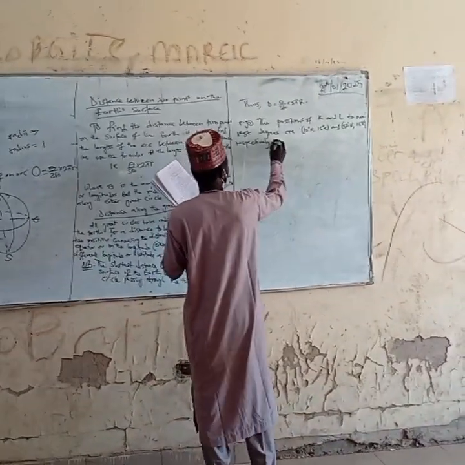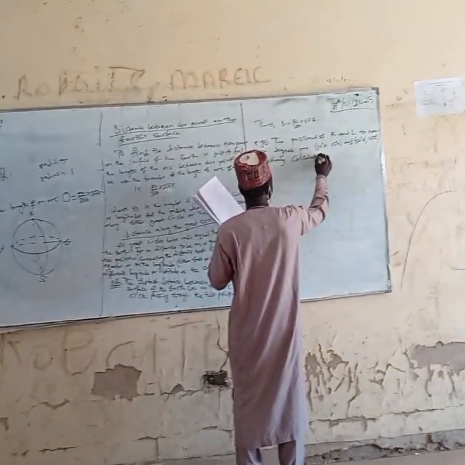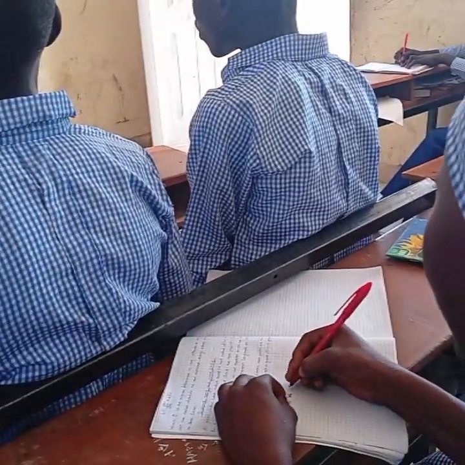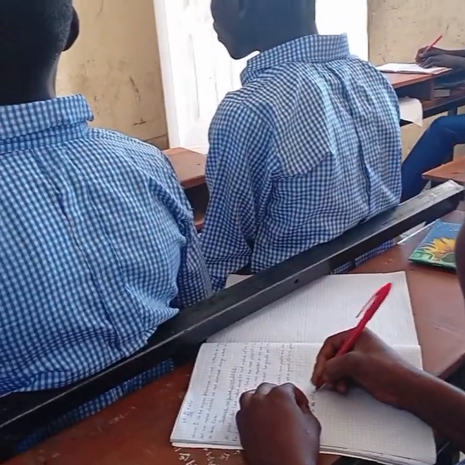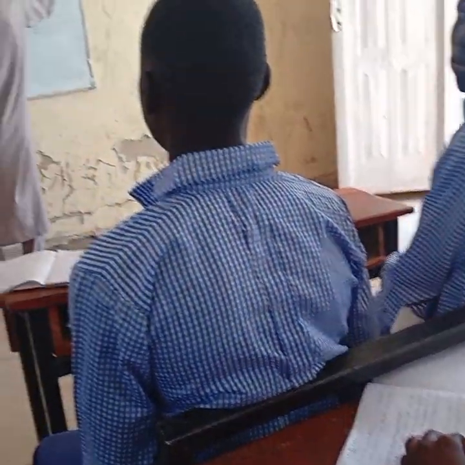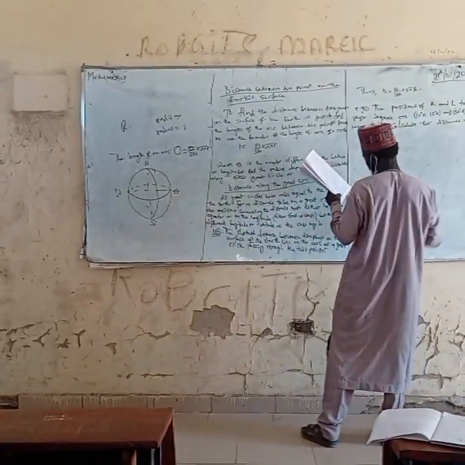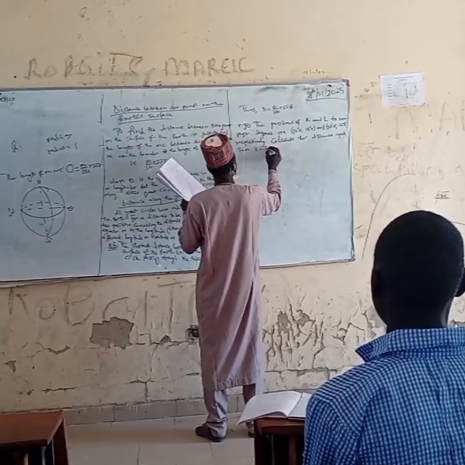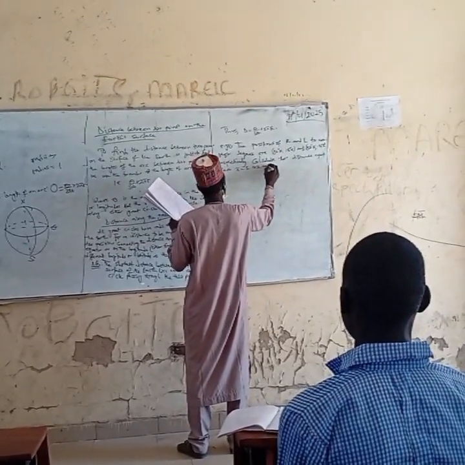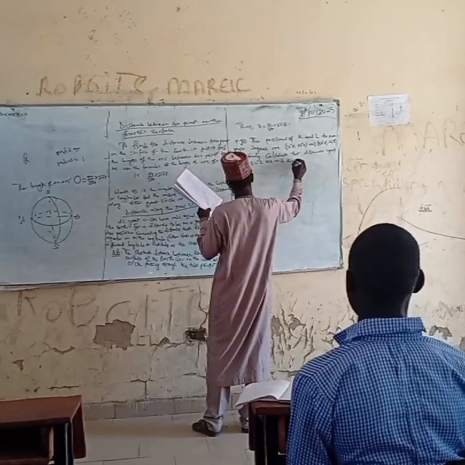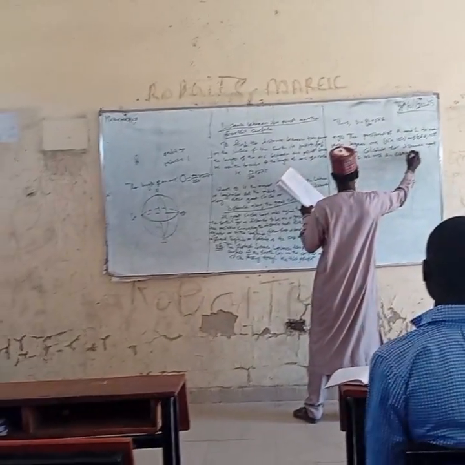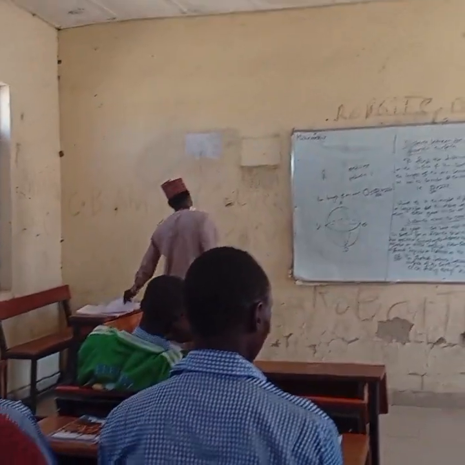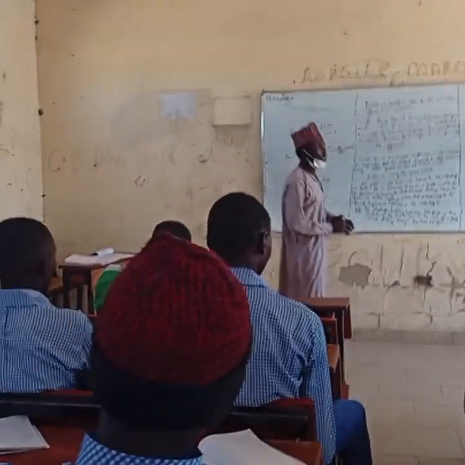Calculate their distance apart, taking pi equals 3.142 and capital R equal to 6,400 kilometers. This is what we were having in class.